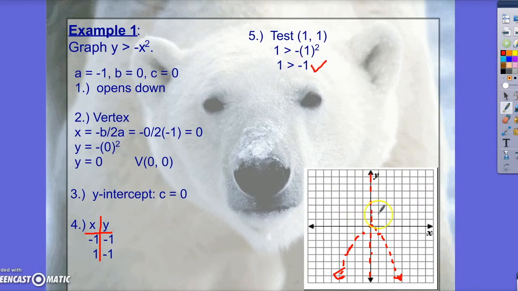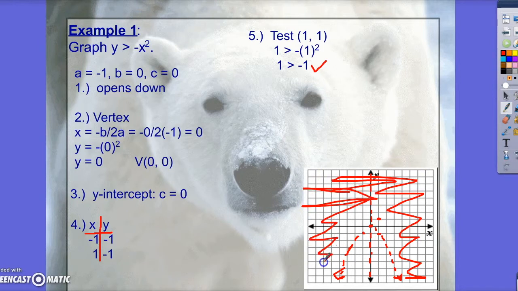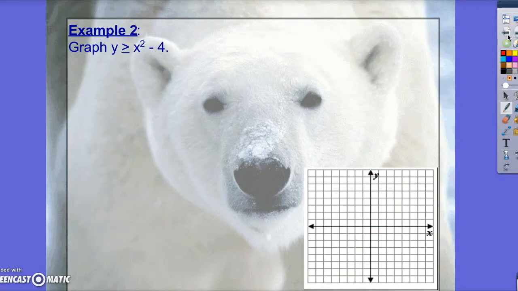Yep, it is. So where was our point 1, 1 located? It's here. So here's where it's different. We're going to do inside or outside the parabola. Where's 1, 1 located? Out here. So if it's true, we shade here. If it's false, we shade the inside. It's true. So I want you to shade everything outside here. That's our problem.